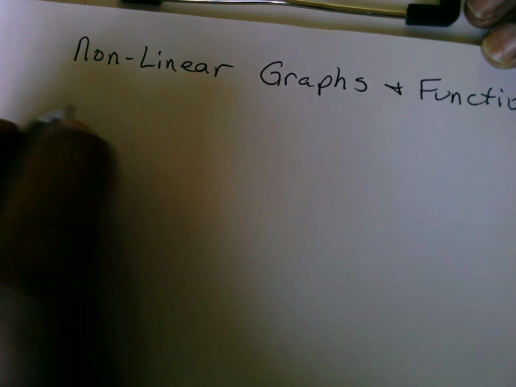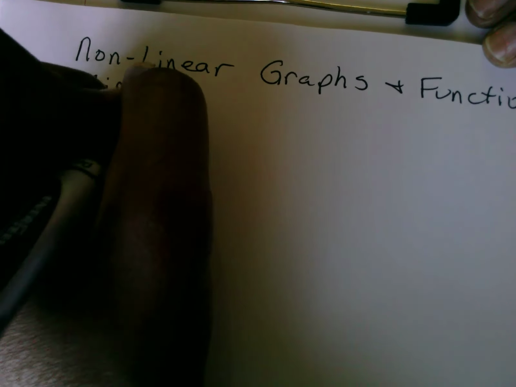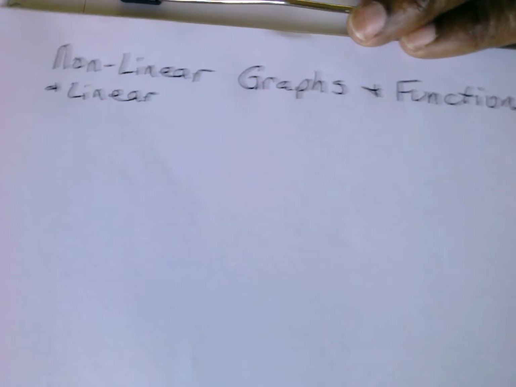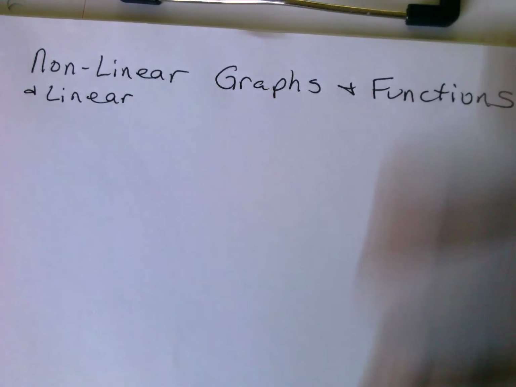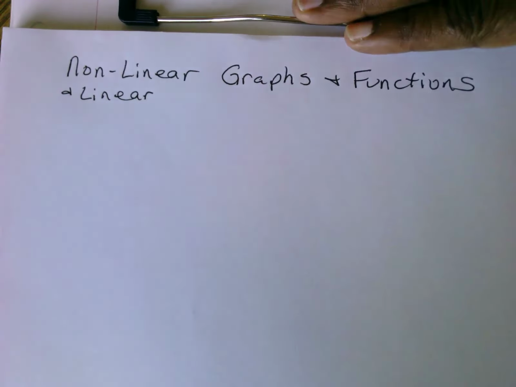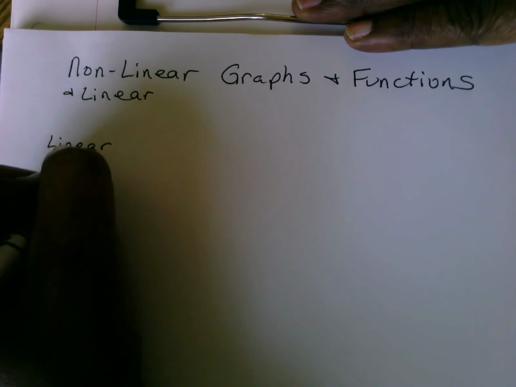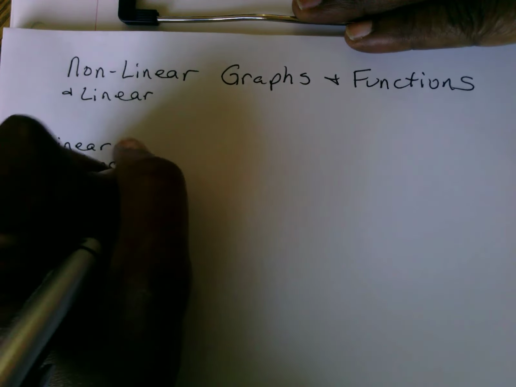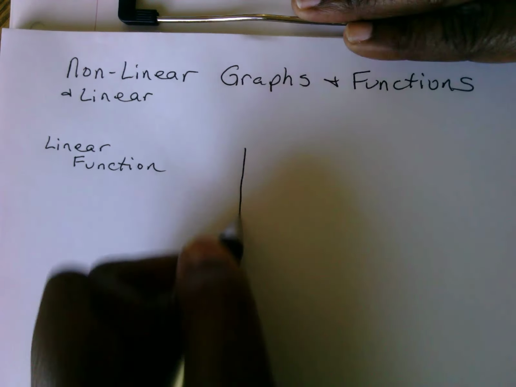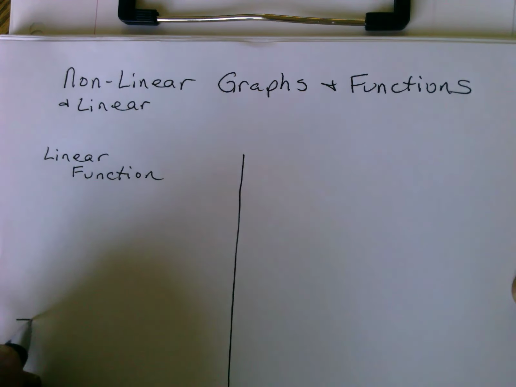There are 6 of them, and we're also going to include our friend linear. Okay, so the first one is a linear function. And let's divide the paper 2 columns, 3 rows.